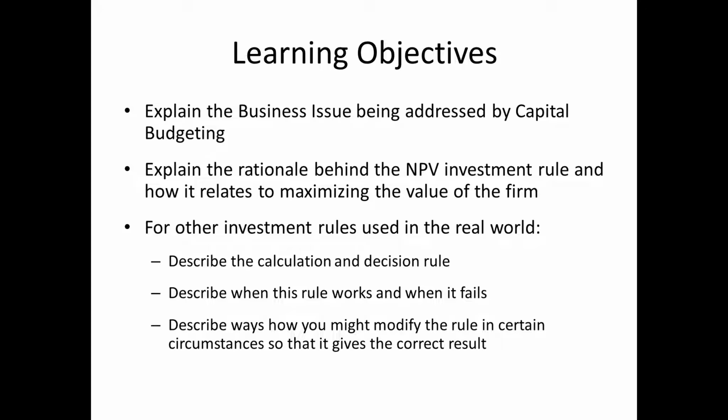And so, for example, it is possible that there is a choice between either doing one project, because you don't have enough money to do more than one, that generates a certain amount, or doing two projects that each of them generate less of an amount, but combined they generate more than the first project, and you can afford to do those two projects instead of doing the first project.